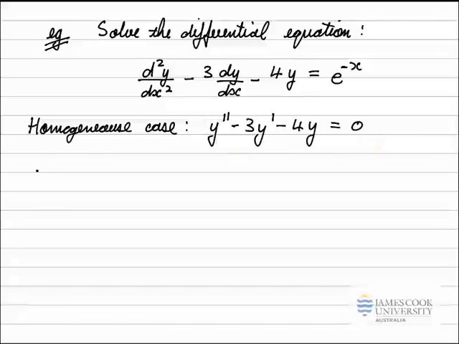The next step in the method is to write out the auxiliary equation. The auxiliary equation comes from assuming the function y is a solution of the form e to the rx.